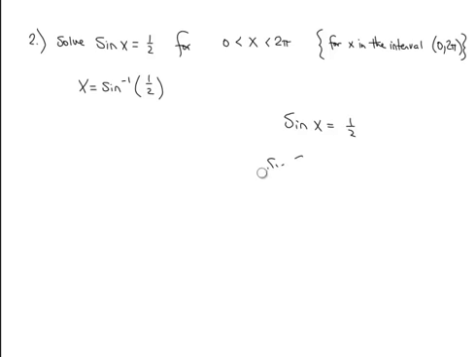Now let me talk about what this means real quick. What this means is that we want to know what value of x makes sine of x equal to 1/2. And x is going to be an angle.